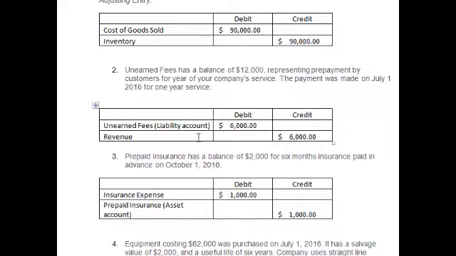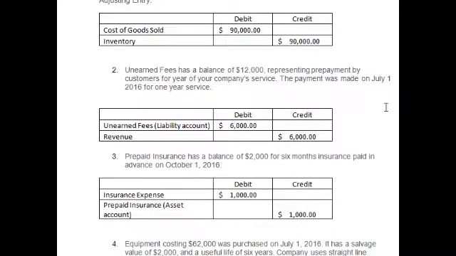So in this case, on July 1st, 2016, this customer gave our company $12,000 for 1 year of service. Since it is now December 31st, only 6 months have passed and we have not delivered 6 months of service.